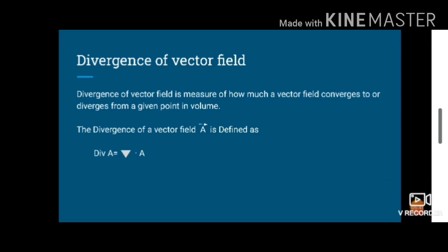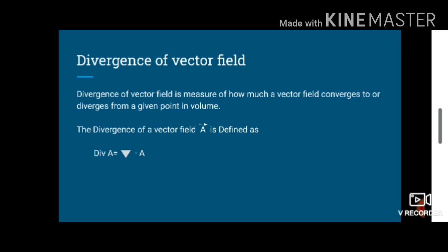Now we have seen what is divergence and three types of divergence. Now we are going to learn divergence of a vector field. Divergence of a vector field is a measure of how much a vector field converges or diverges from a given point.